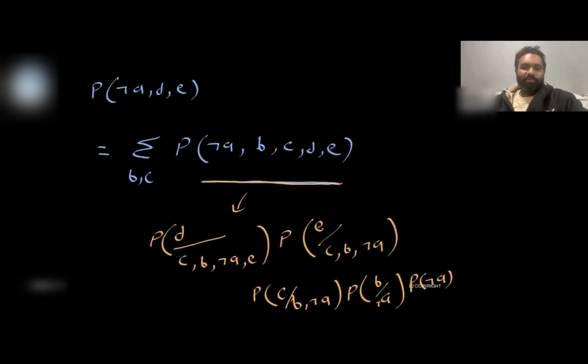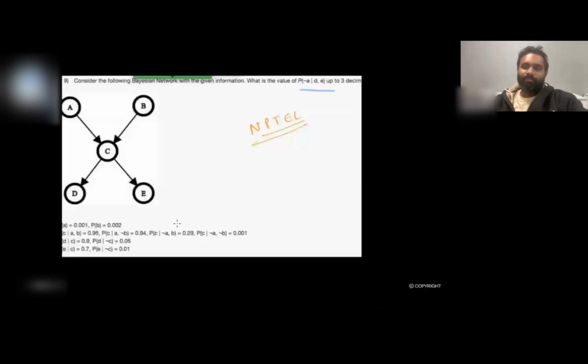Because it is easy to do. See, this particular term: D given C, B, A complement and E. If you go to the Bayes net, conditioned on C, D is independent of E, D is independent of A, D is independent of B. So if I condition on C, D is independent of everything else.